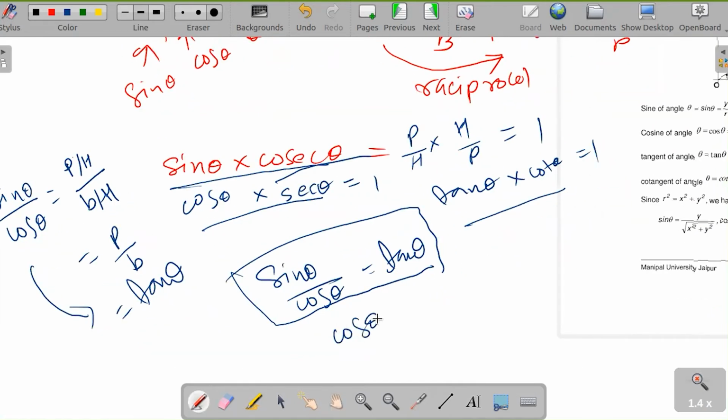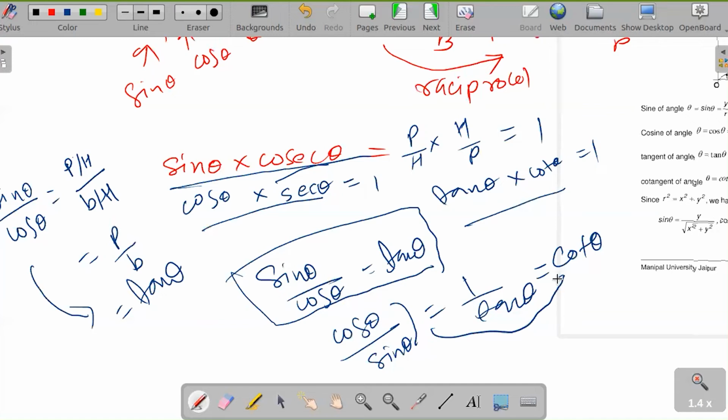Then what will be cos by sine? 1 by tan, and what is 1 by tan? Cot. Good. That means cos by sine, we can directly say cot, right?